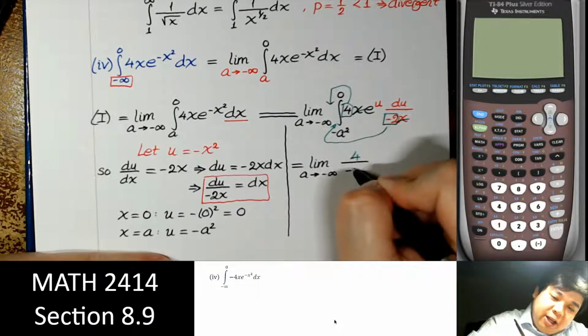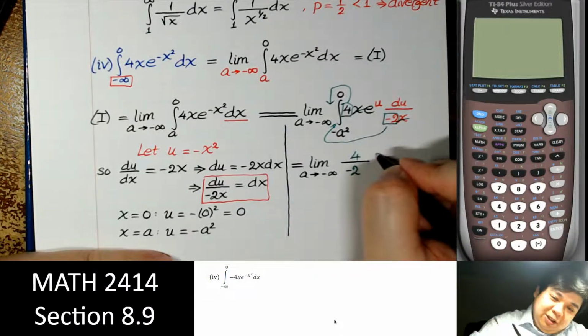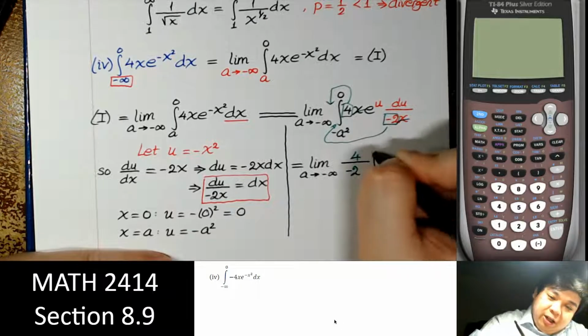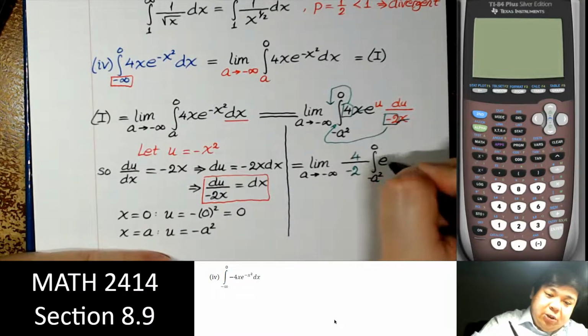We have negative a squared, 0, and just e to the u, du.